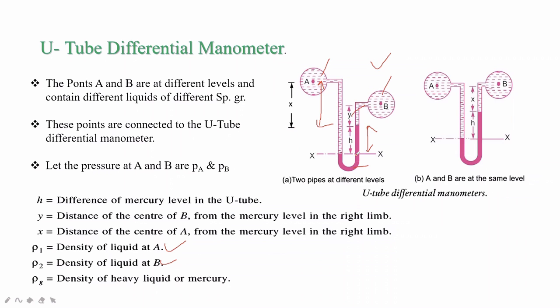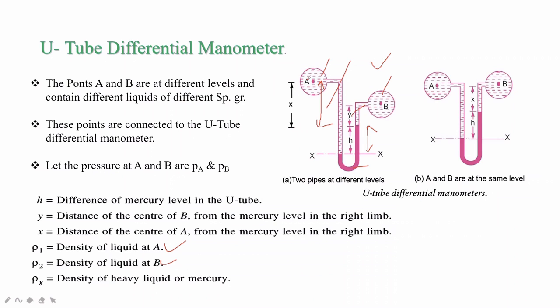For that, we take the two pipes at different levels and take the datum line xx. So the pressure above xx in the left limb, what will it be?